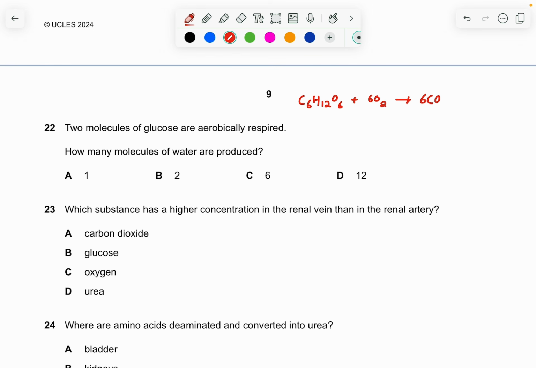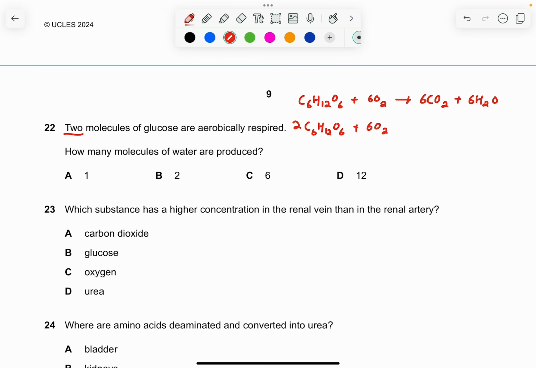So you're going to get 6CO2 plus 6H2O. Now the question asks, what happens if there are 2 molecules of glucose used? It means we have 2 C6H12O6.